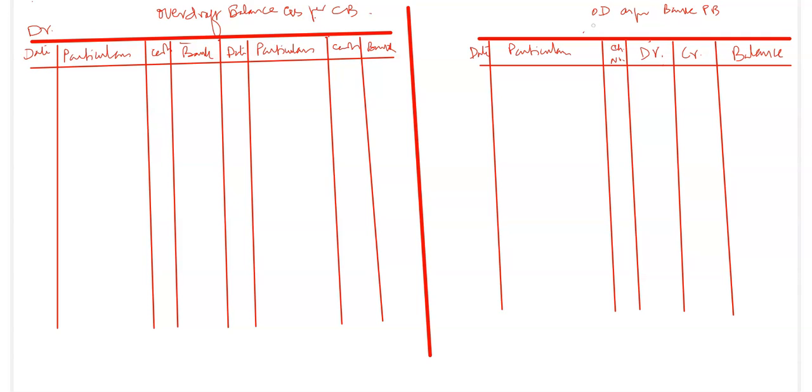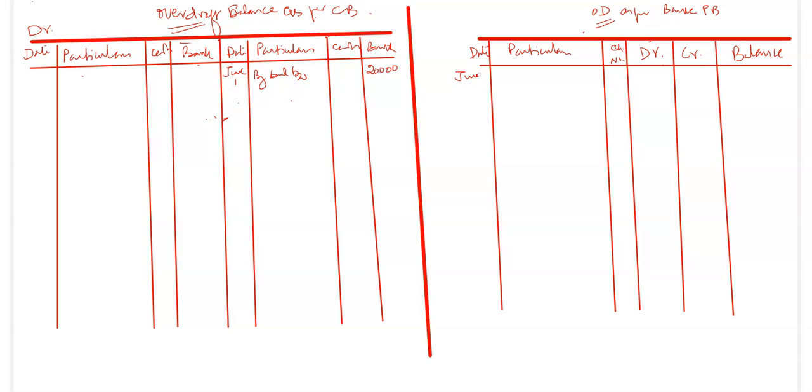So the OD is nothing but unfavorable balance, not drawable. That means we owe money to the bank, or the businessman owes money to the bank. So on the opening date, let us assume on June 1st, there is opening balance, so by balance brought down 20,000 in the bank column of the cash book.